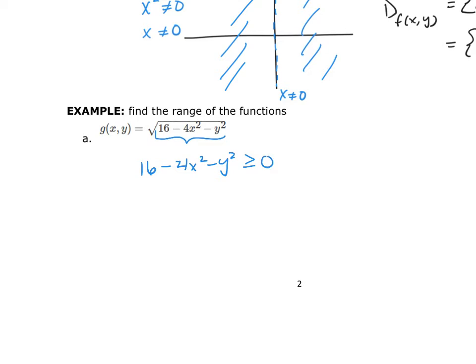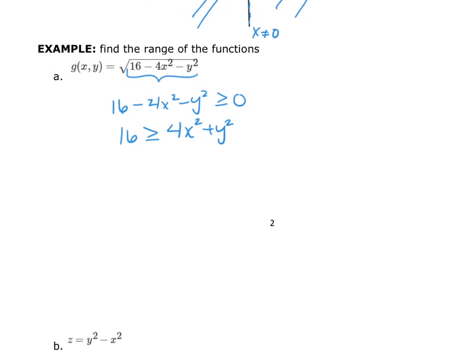I'm going to start with my domain so I can figure out what my range could be. So I know that 16 is greater than or equal to 4x squared plus y squared. The only reason I did that is because I don't want to mess with the negative multiplication and change in the direction of the inequality. I could have done it the other way.